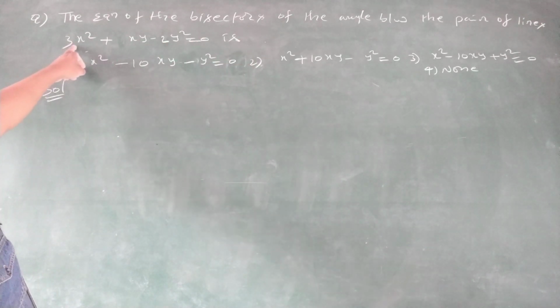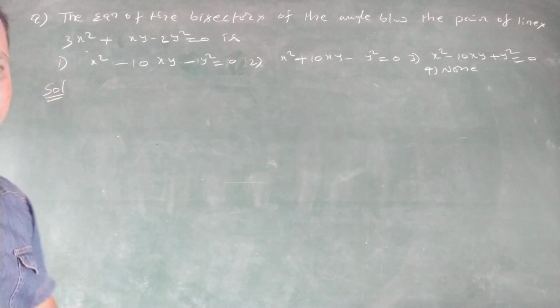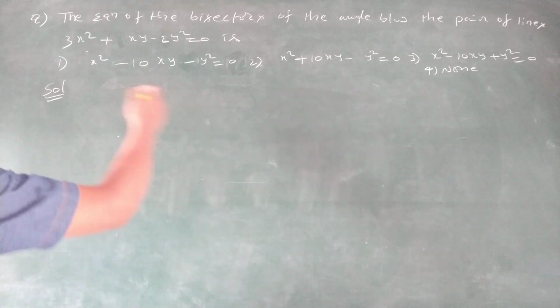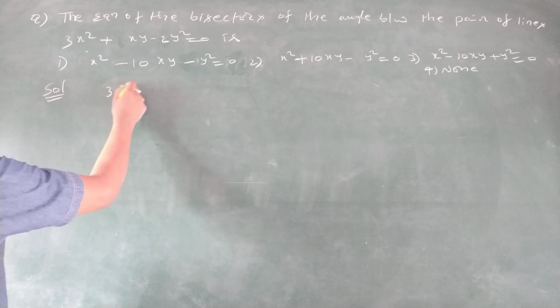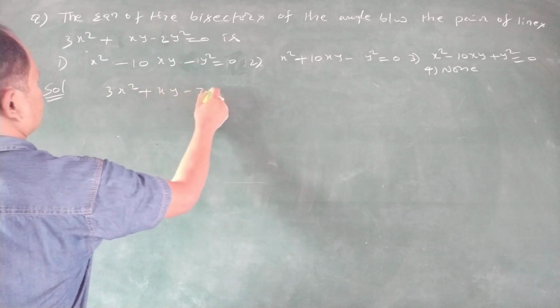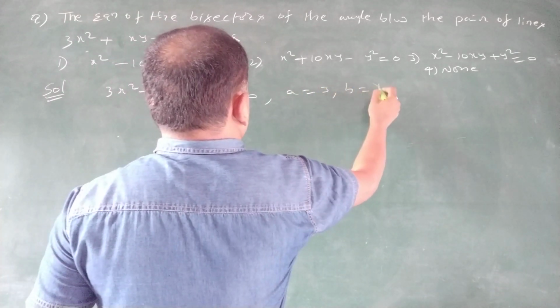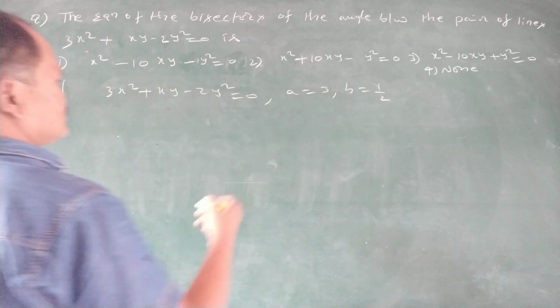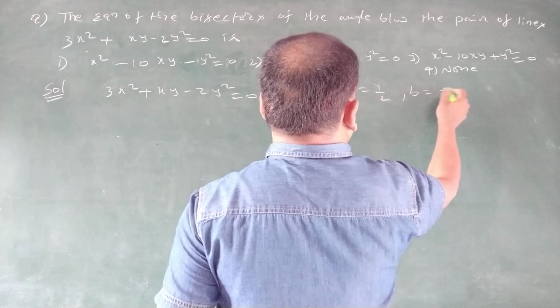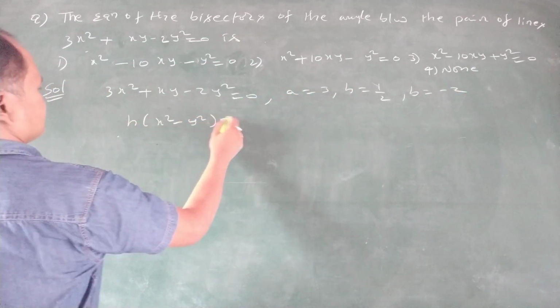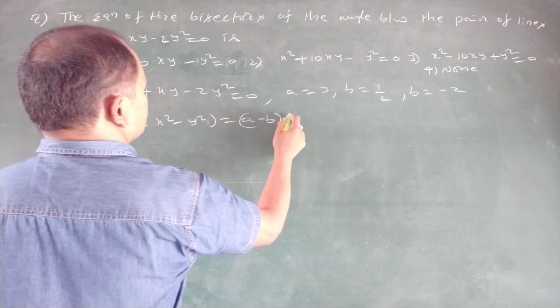of 3x square plus xy minus 2y square is equal to 0 is: first option, second option, third option. Now take the equation 3x square plus xy minus 2y square is equal to 0, where a is 3, h is half of the xy coefficient, 1 by 2, and b is minus 2. Now the formula: h into x square minus y square is equal to a minus b into xy.